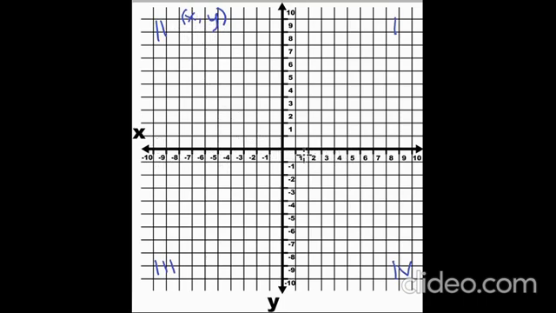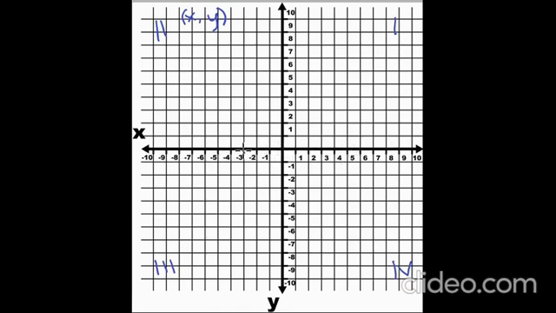For example, we have negative 5 and positive 2. Since negative 5, x first. From the origin, here in the middle, we move 5 times to the left, because that is the negative side, and this is the positive side.